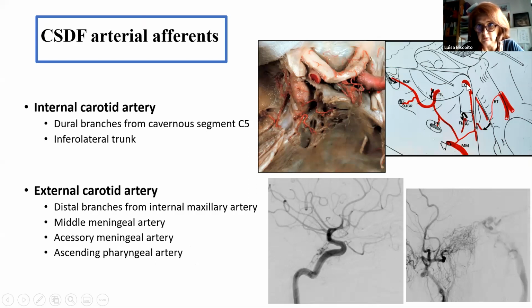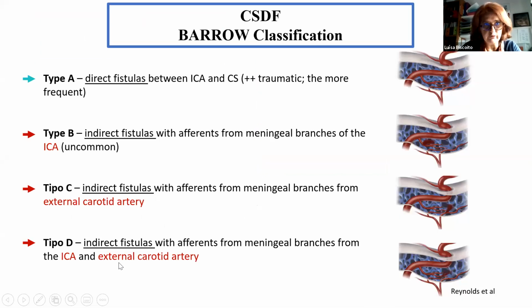We see here the inferolateral trunk that is going to anastomose with the branches from the external carotid artery, that also has afferents from distal branches from IMA and from middle meningeal artery, accessory meningeal artery, and ascending pharyngeal artery.